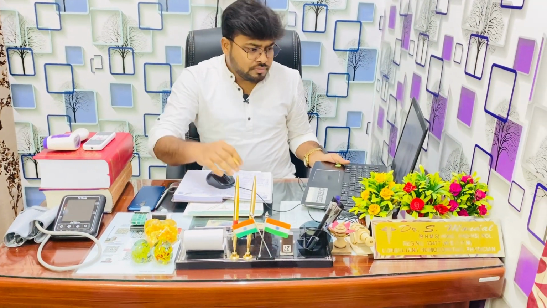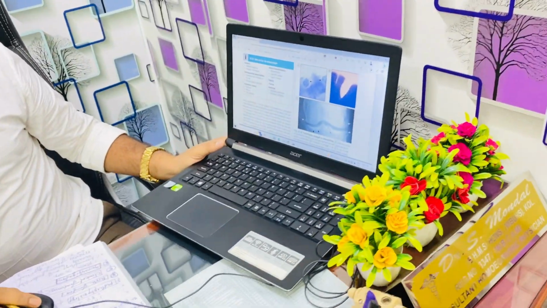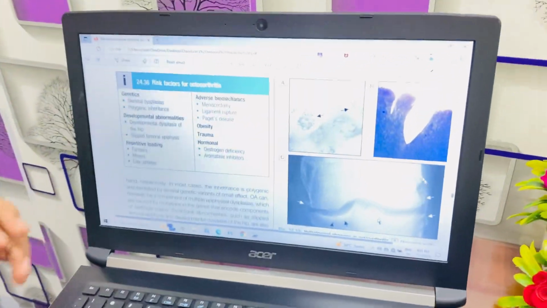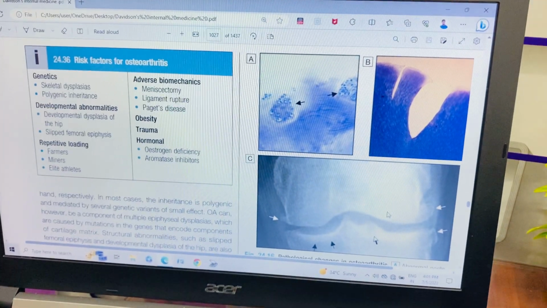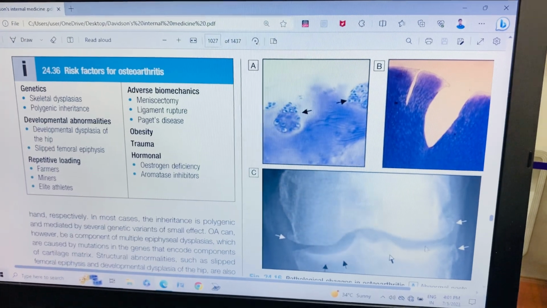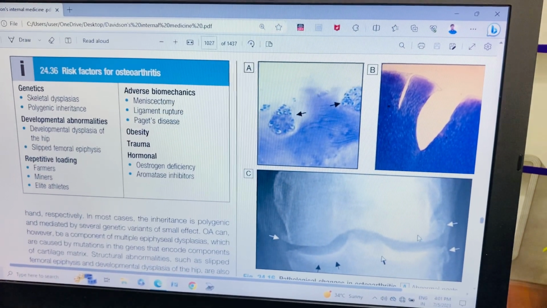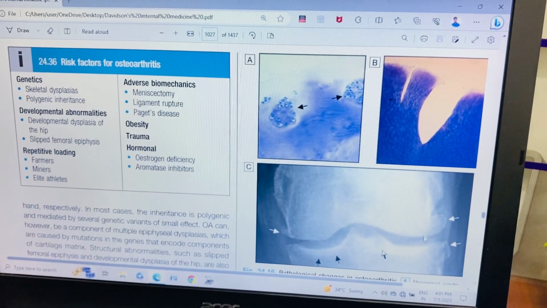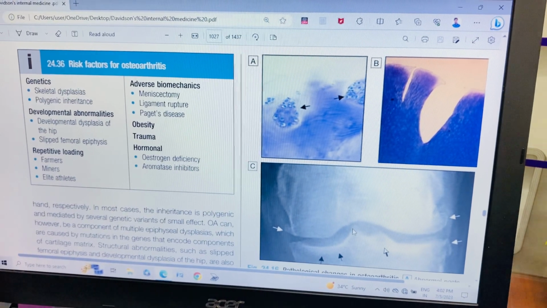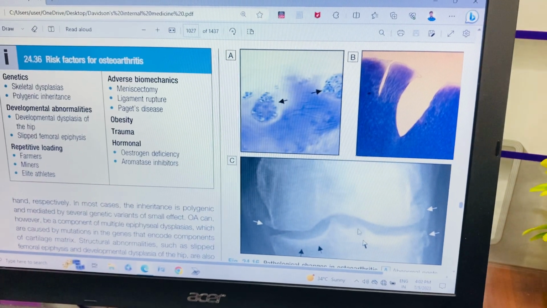In a normal X-ray there is a gap between the two bones, but in osteoarthritis the gap is reduced and there is bony formation. A new bony growth forms, which is called an osteophyte.